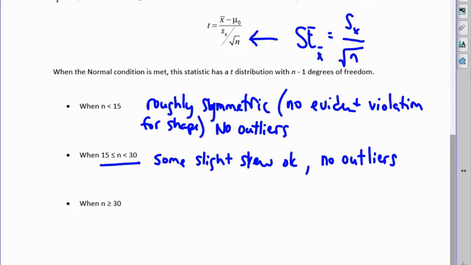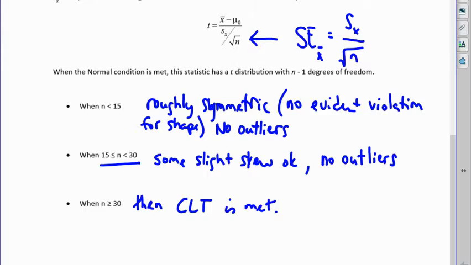When you are equal to or over 30, then the central limit theorem is met, and so in that case, you can find the probability. If you had outliers, you probably would run the test twice, once with the outliers and once without the outliers, if possible. And then, of course, if your data was already nearly normal to begin with, even at n equals 1, if they state that it's nearly normal data to begin with, then, of course, you can go right to finding probability.